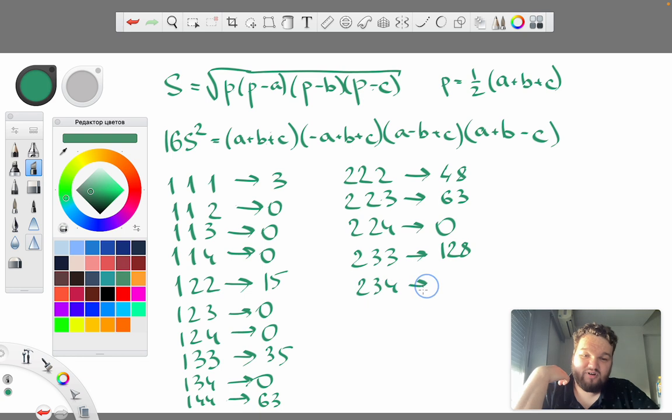2 3 4 is 9 times 5 times 3 times 1. 9 times 3 is 27 times 5, 135.